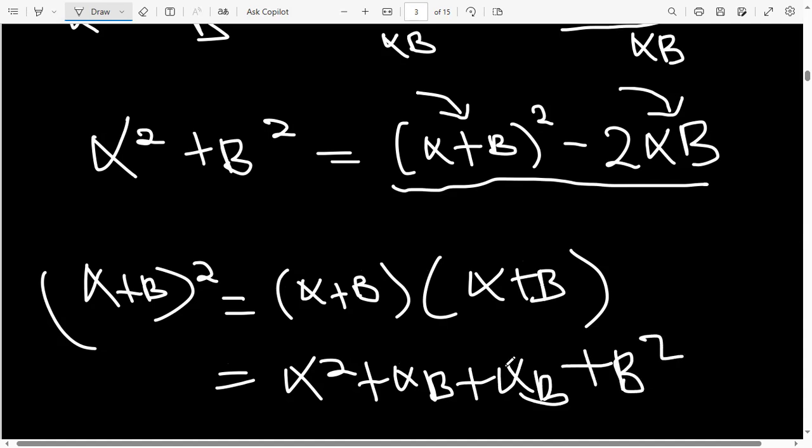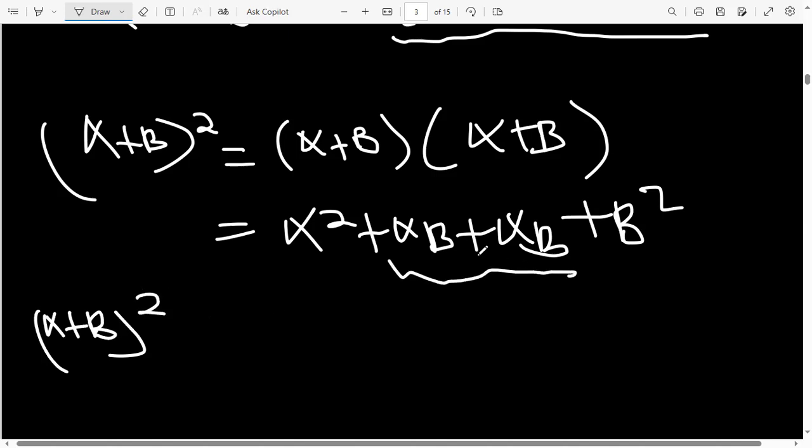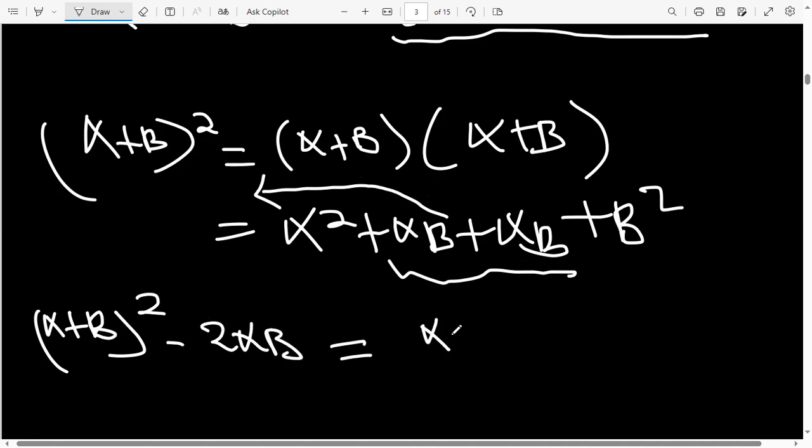Okay, and then from here, we see that on the left-hand side, we have alpha plus beta squared, okay? And then here, alpha beta plus alpha beta is going to give you 2 alpha beta. And then if we move this 2 alpha beta to the left-hand side, we're going to have minus 2 alpha beta, which is equals to alpha squared plus beta squared.